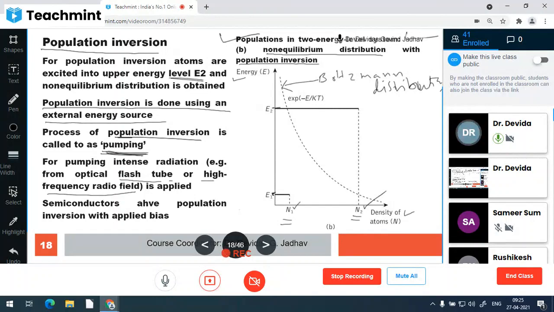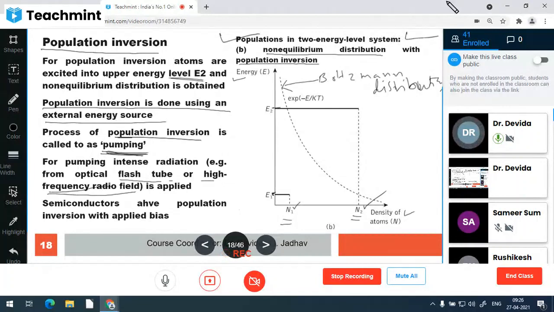So whenever the intense flashlight is incident on the crystal, a large number of photons are absorbed by the crystal, and by absorption a large number of electrons are released, or a large number of atoms are lifted from the lower energy level to the higher energy level. So pumping is nothing but giving intense radiation by optical flash or by high frequency radio field.